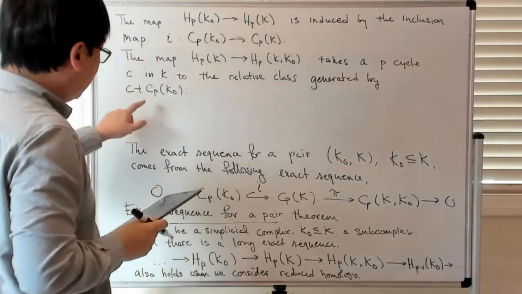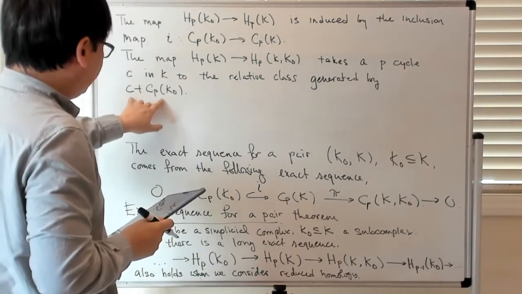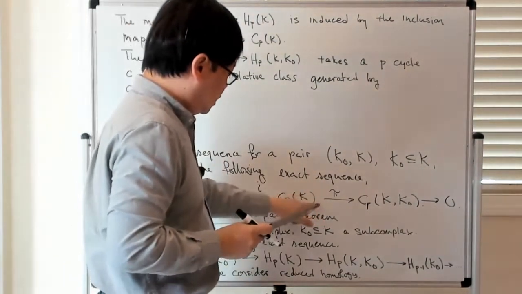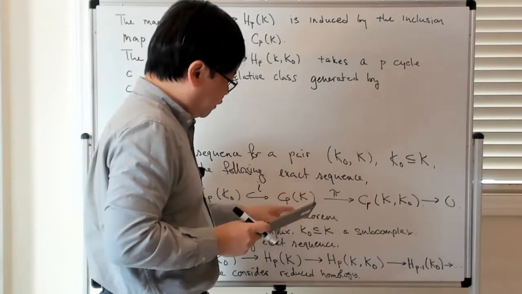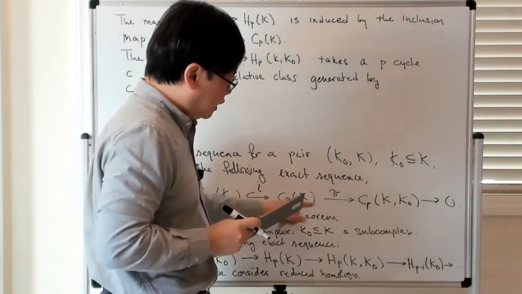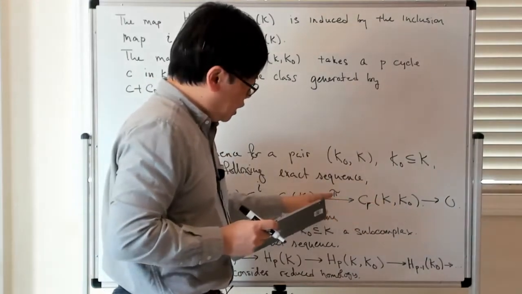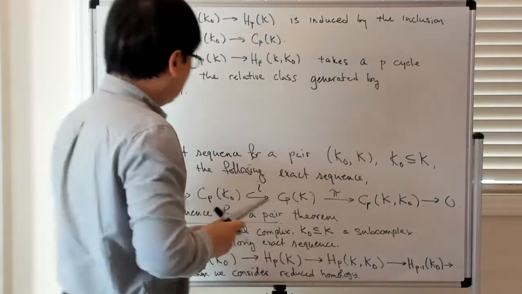So this is again the natural thing. This c plus C_p(K0) is exactly what you would get if you're thinking of the projection map from C_p(K) to C_p(K, K0) at the level of the chains.